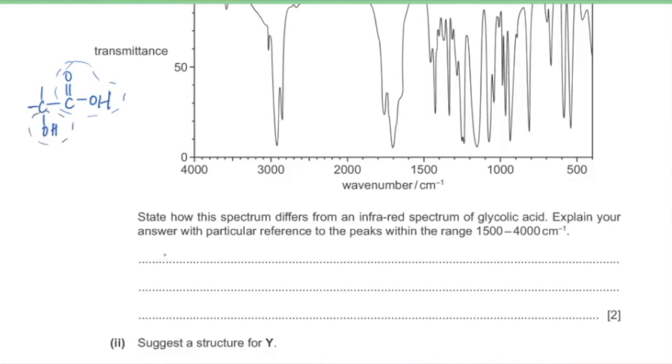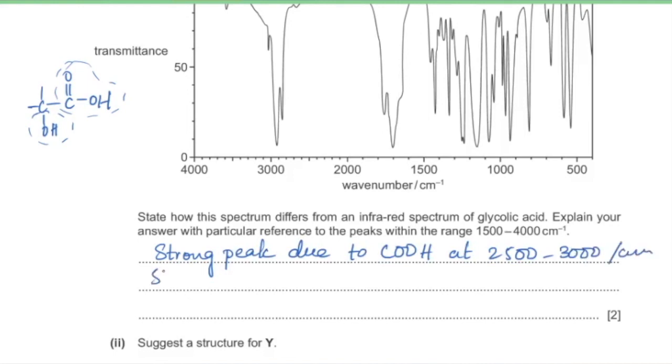So glycolic acid will have a strong peak due to carboxylic acid group at 2500 to 3000 per centimeter, and again a strong peak due to alcohol group at 3200 to 3650 per centimeter.